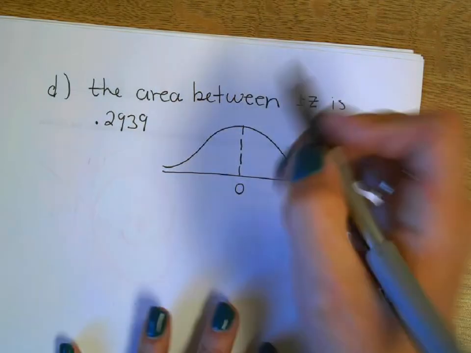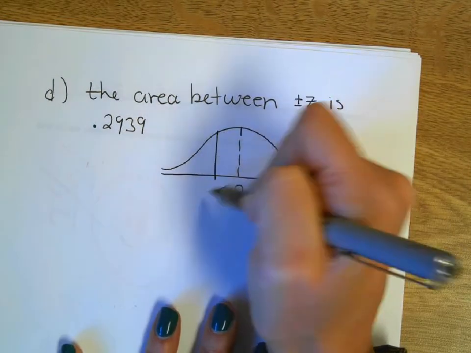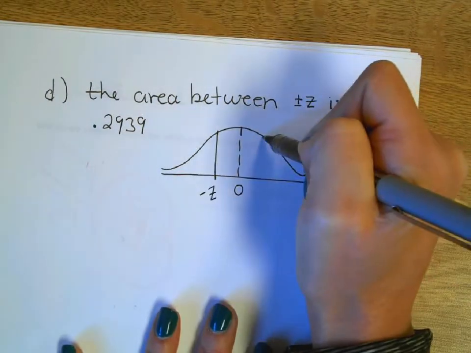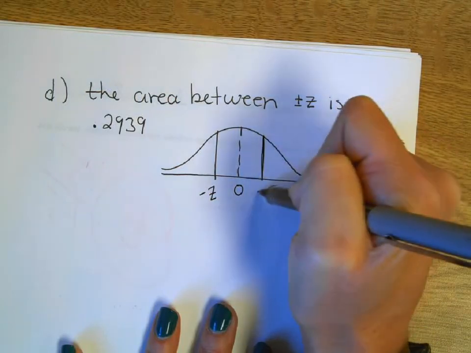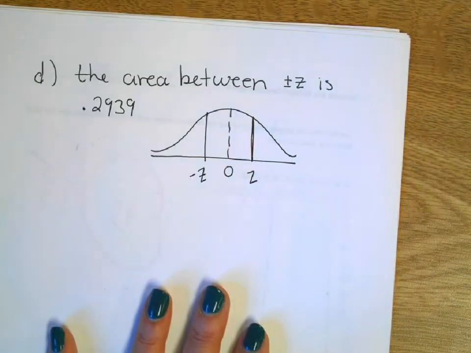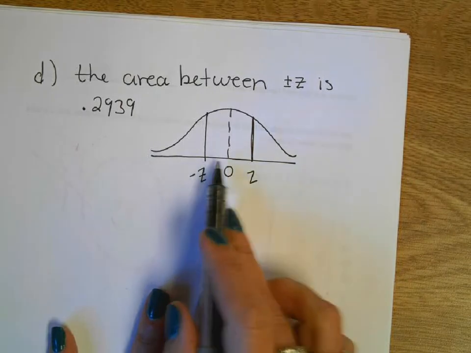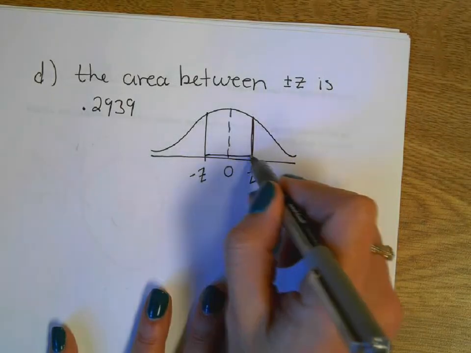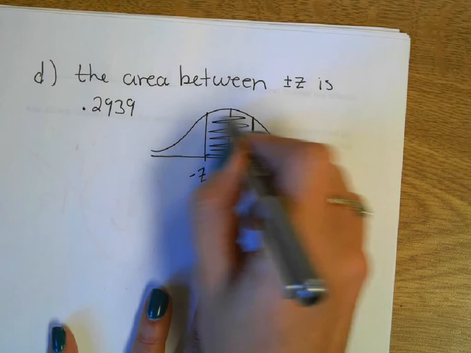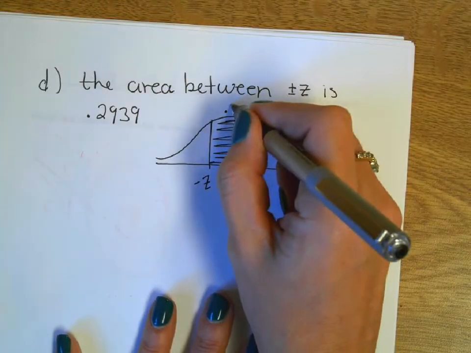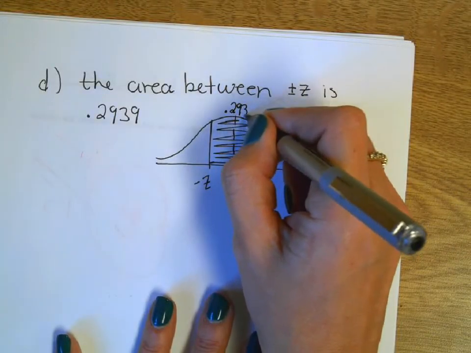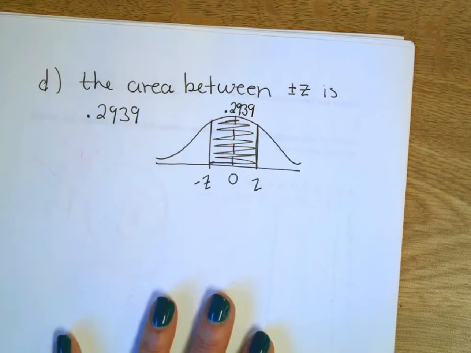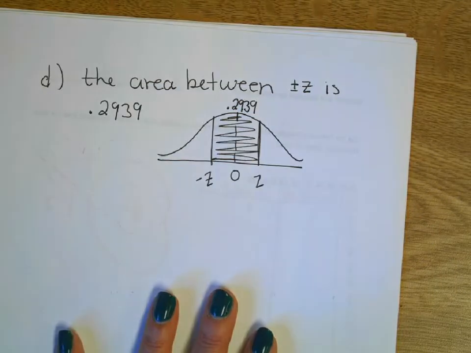They're symmetrical z-scores. So if I go to the left, I go to the right the same amount. I know the area between those is 0.2939. So far, so good?